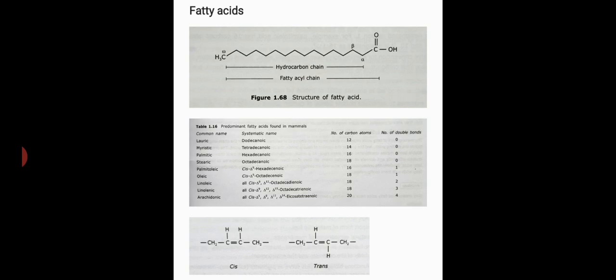That is, unsaturated chains cannot pack themselves in crystals as efficiently and densely as saturated chains. So they have a lower melting point as compared to saturated fatty acids. Similarly, unsaturated fatty acids with cis configuration have lower melting points than those with trans configuration.